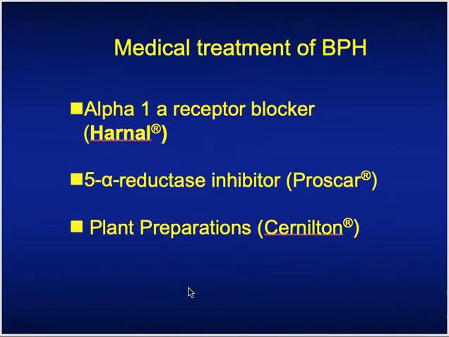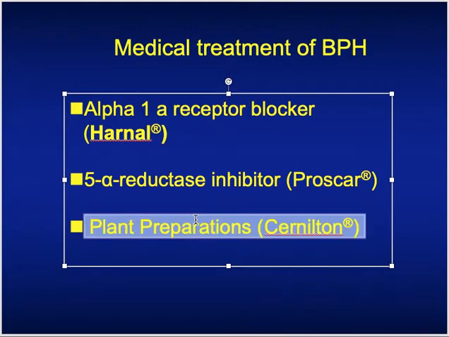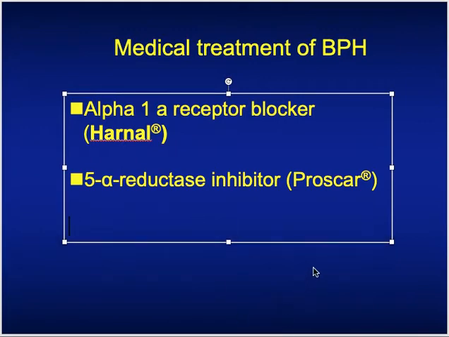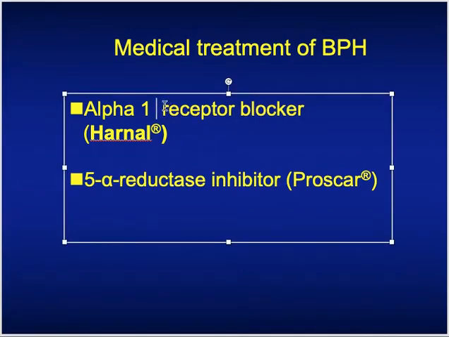I will remove this one for this lecture because it is not relevant. Now, as we know, alpha adrenergic blocking agents can be given. Basically, they act on alpha 1 or alpha 1A receptors.